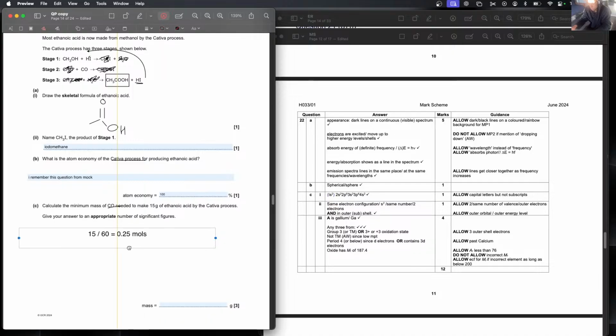Okay, so we got 0.25 moles of ethanoic acid. So 0.25 times 12 plus 16, which is 28, 14 equals 7 grams.